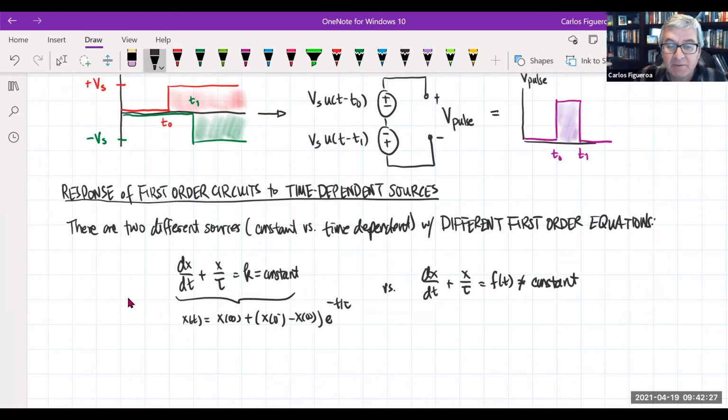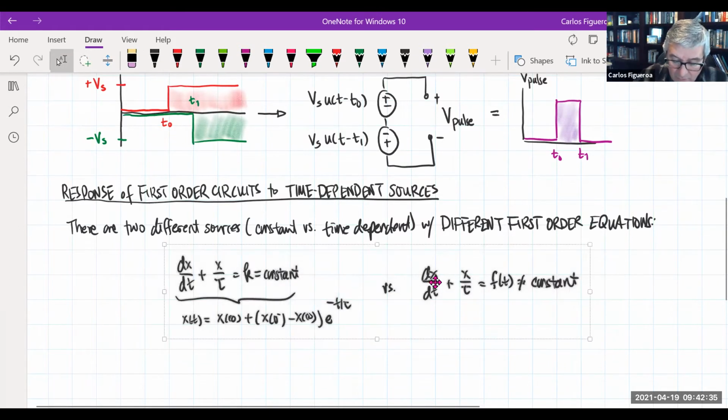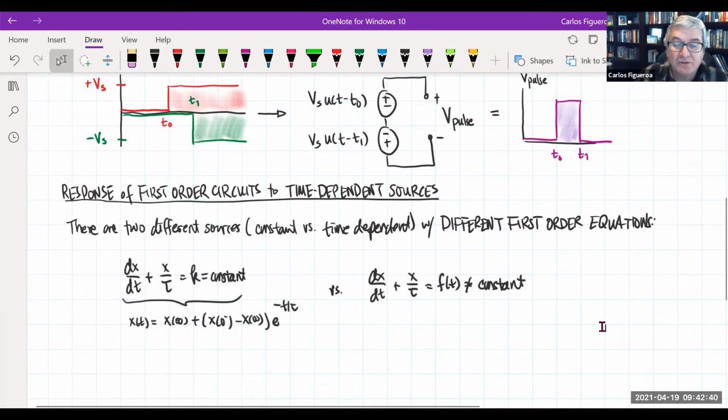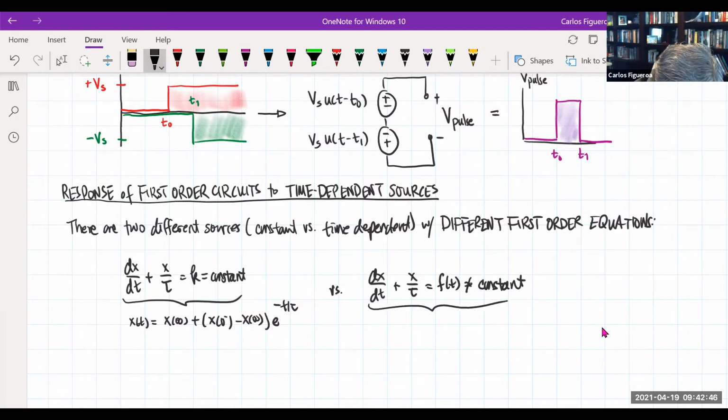It really pains me when people literally try to write a solution for a constant source for a solution that's time dependent, right?